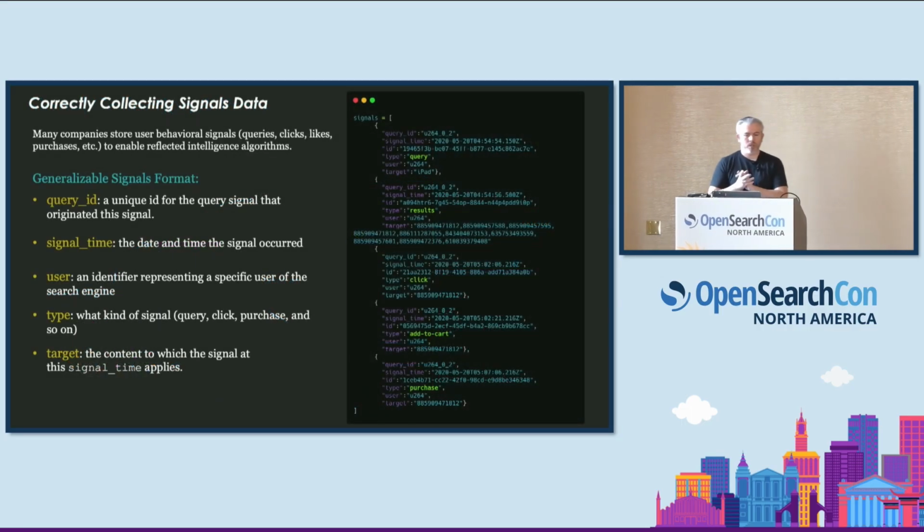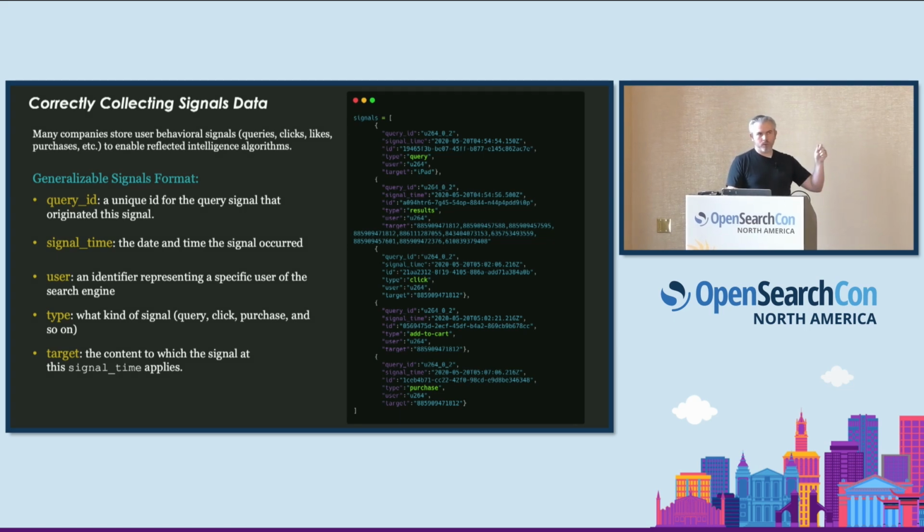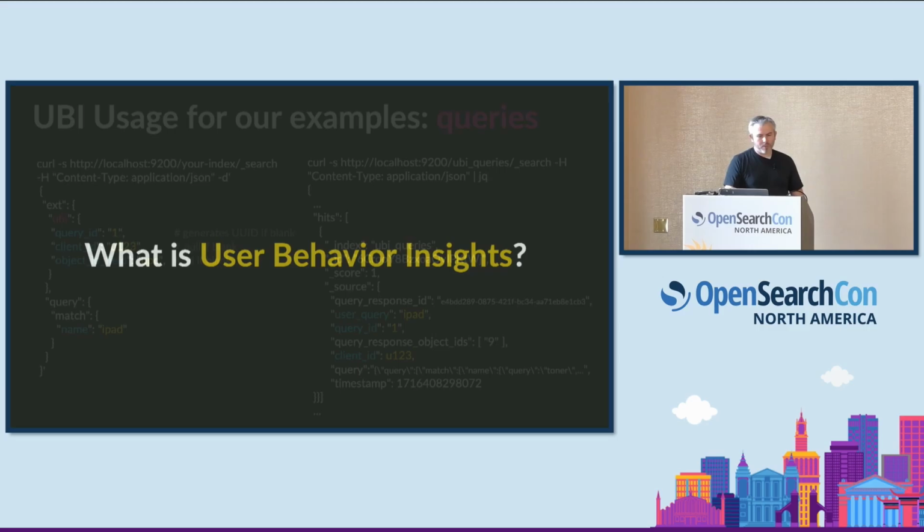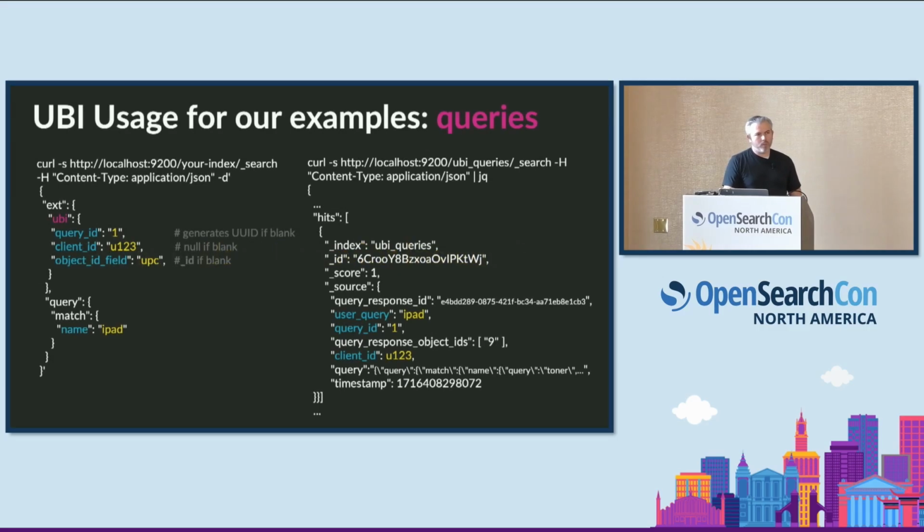So in OpenSearch, I've mentioned user behavior insights. There is an ability to take in signals from users, queries, clicks, those kinds of things. I'll actually flip ahead to what this looks like. You can enable this in OpenSearch.